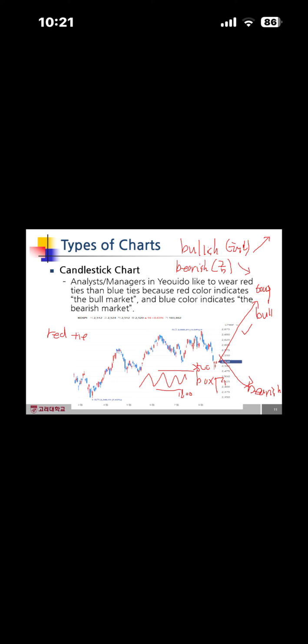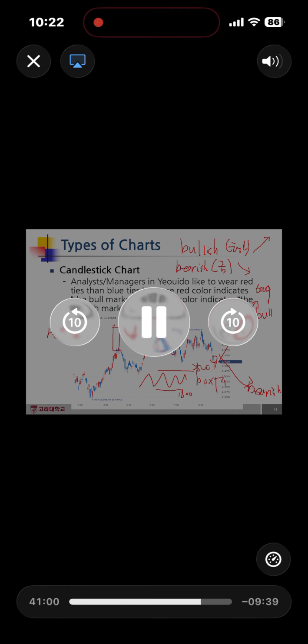And the size of the candle body here provides useful information. Say a long body here indicates strong buying or selling pressure, while a small body and long shadows suggest indecision in the market.